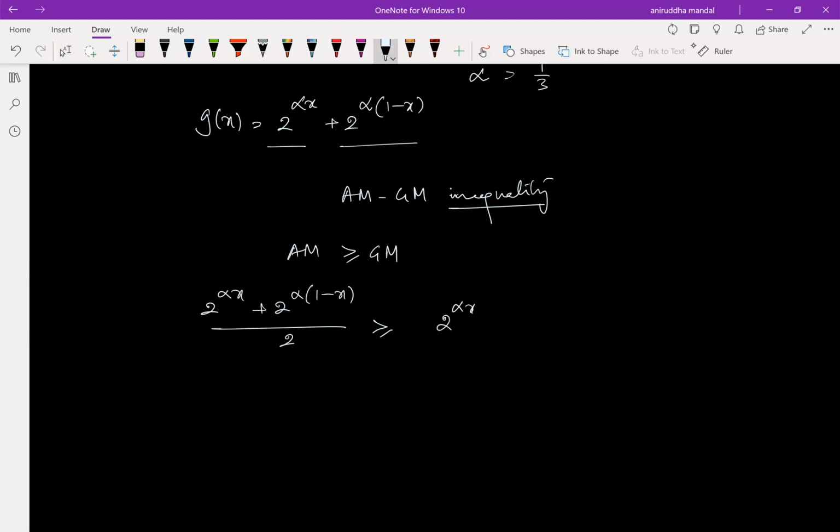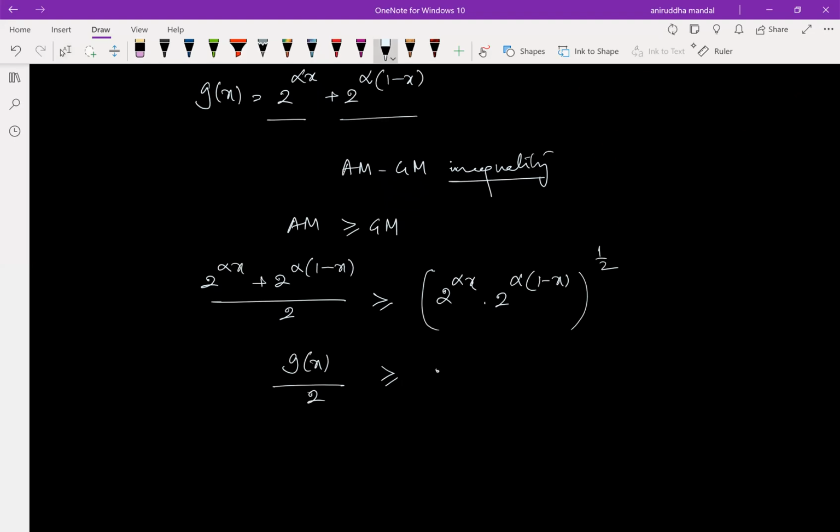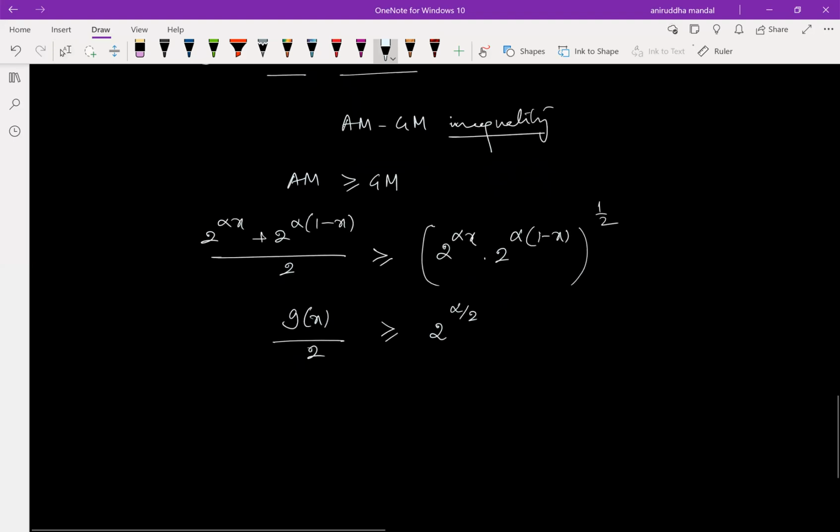So GM is 2 to the power alpha x into 2 to the power alpha into 1 minus x, to the power half. Now the left side is nothing but gx by 2, and the right side is 2 to the power alpha by 2, because this alpha x will get cancelled. Okay, so our gx value is greater or equal to 2 into 2 to the power alpha by 2.